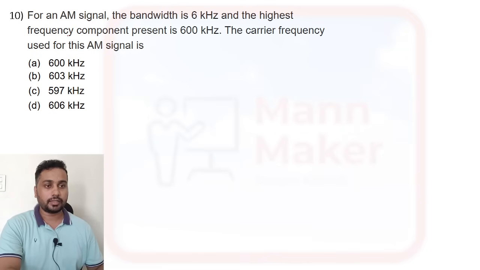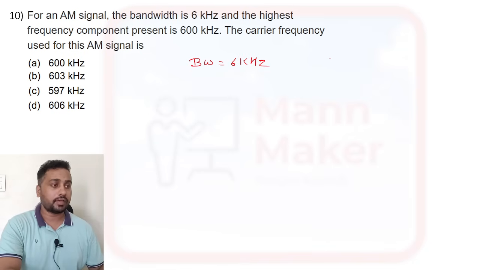Bandwidth we have 6 kilohertz, and the highest frequency component, that is the upper sideband, is 600 kilohertz.